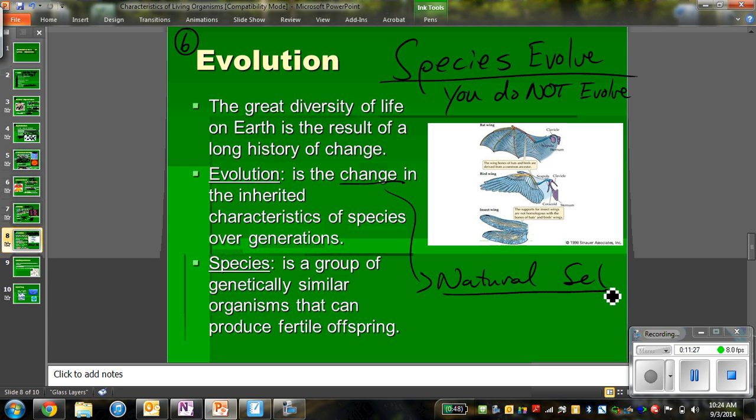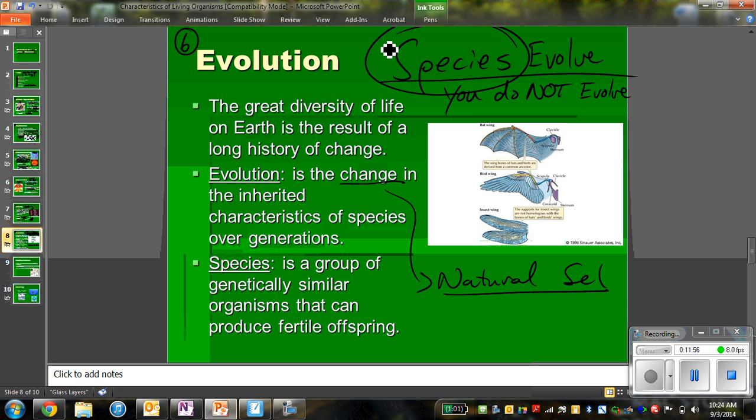So nature is going to select which individuals can reproduce the most, and whichever organisms have the most kids, those traits will get passed on more often than others. So the species will slowly look more and more like the individuals with the best traits. And those traits then will move out throughout the rest of the population. We'll get into that a little bit more later.